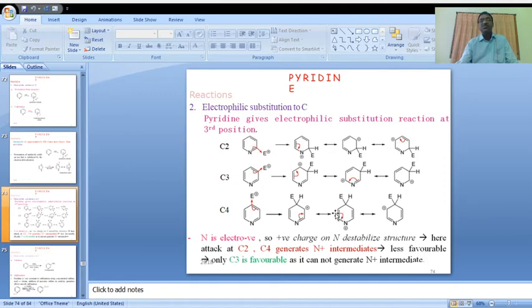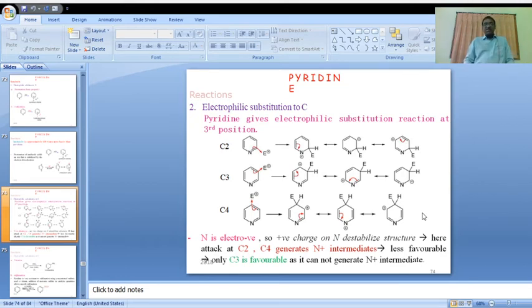Here, breakage of this particular pi bond and shifting of this pi bond, after shifting, this corner carbon, the C5 carbon, gets positive. This is another type of resonance structure. From this, we cannot write another new one, because here, loss of E plus or loss of H plus, we will get a product.